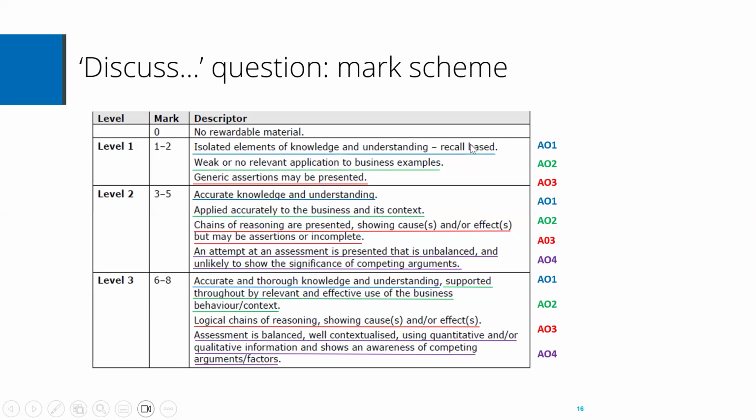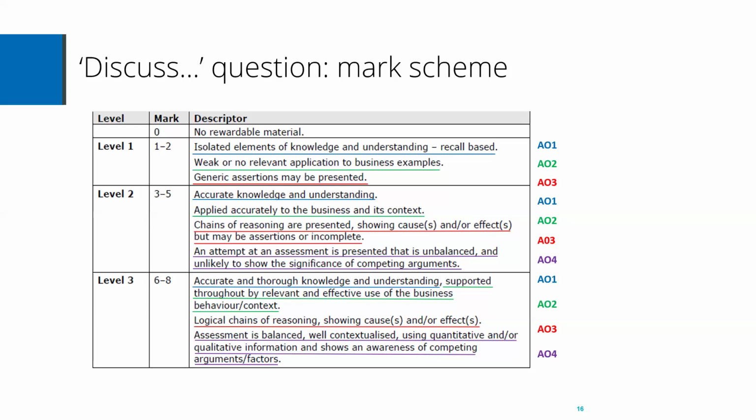Somebody mentioned earlier on, I think it was Lynn, about putting a definition in. That definition would be an example of isolated elements of knowledge and understanding. There's no application in there, so there's no use of any extracts. Generic assertions, so just statements are made without any kind of development. That's what level 1 would look like.